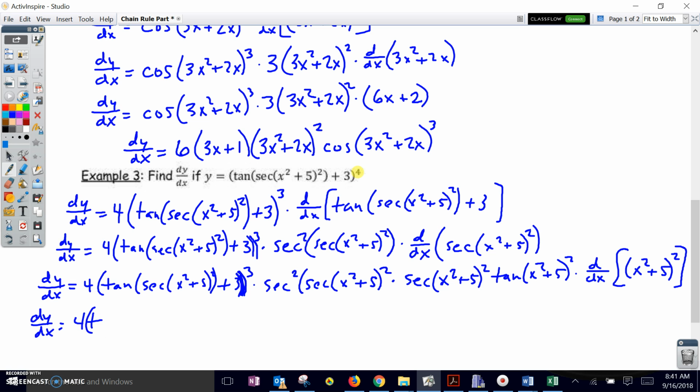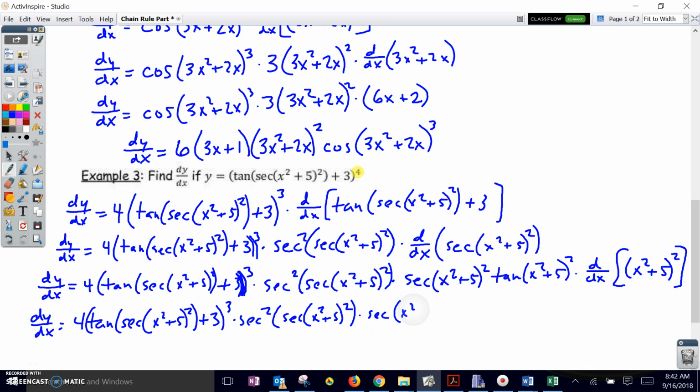We've got 4 tangent of secant of x squared plus 5, the quantity squared, plus 3 all to the third, times secant squared of secant of x squared plus 5 quantity squared times secant of x squared plus 5 quantity squared tangent of x squared plus 5 quantity squared.